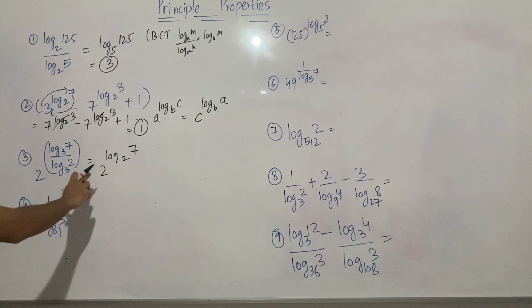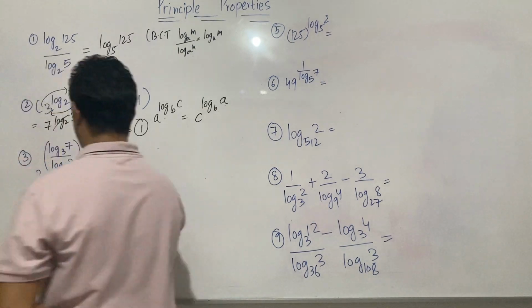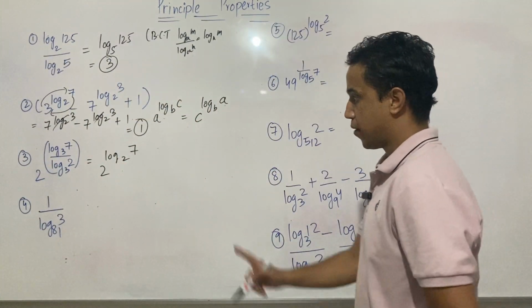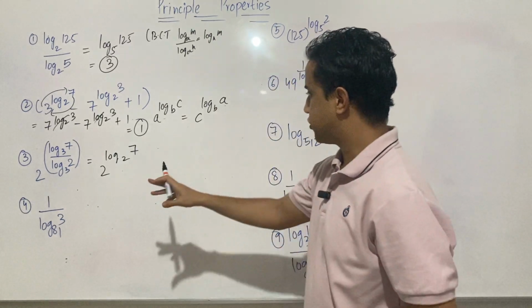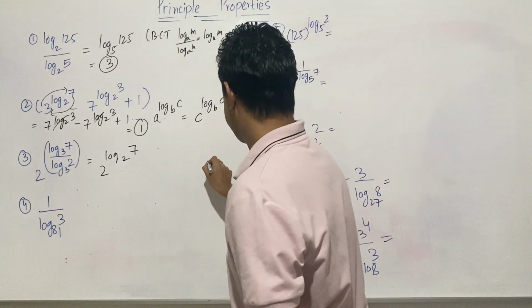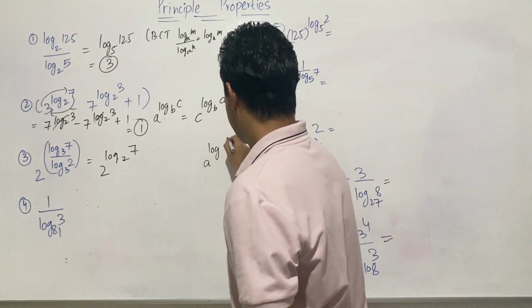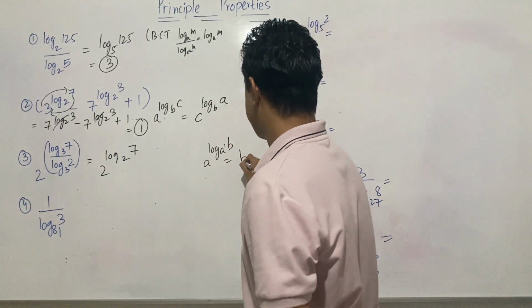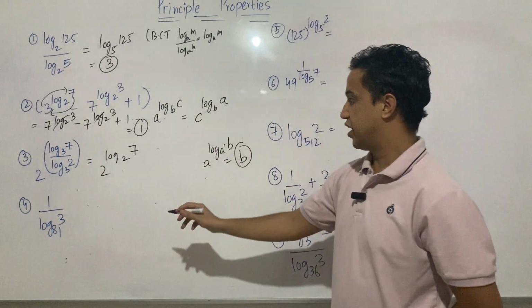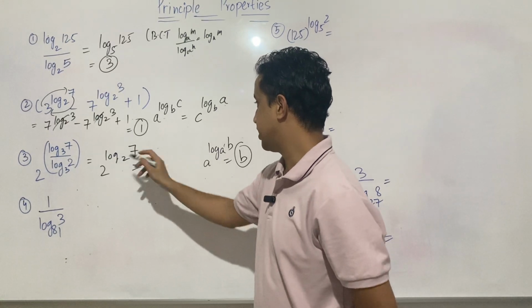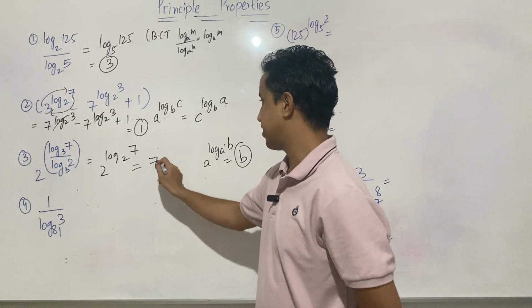And this is very similar to what we did yesterday, that is a raised to log b base a, which is b, right? So this is going to be 7, right?